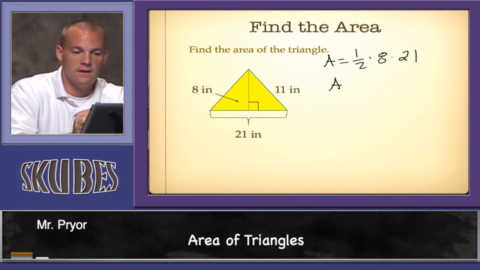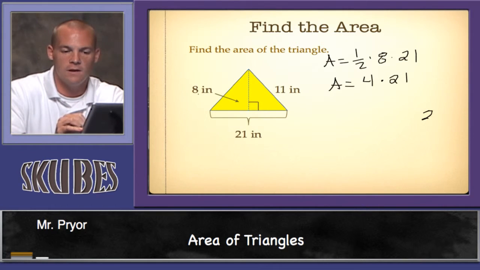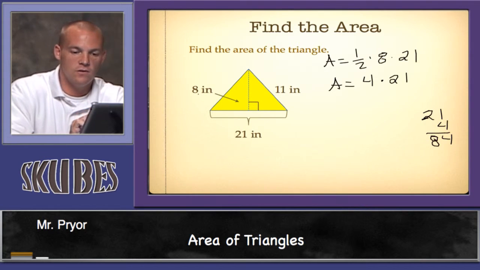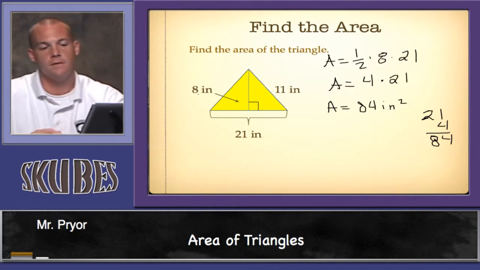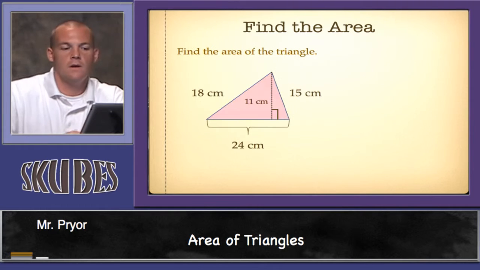So area equals 4 times 21, and you can see that creates a little easier multiplication. 21 times 4 off to the side: 4 times 1 is 4, 4 times 2 is 8, and so the area of the triangle is 84 inches squared.